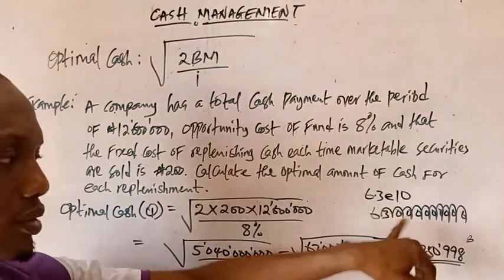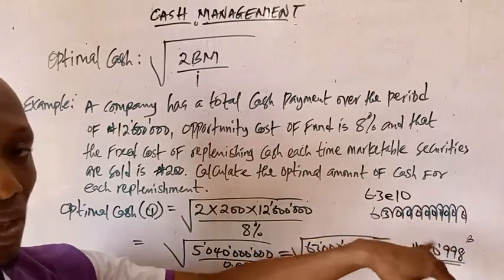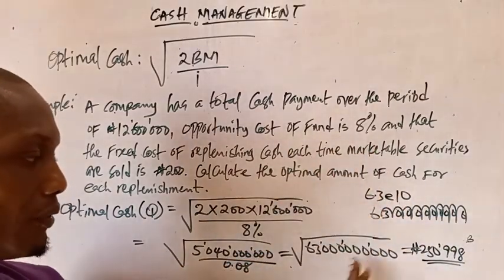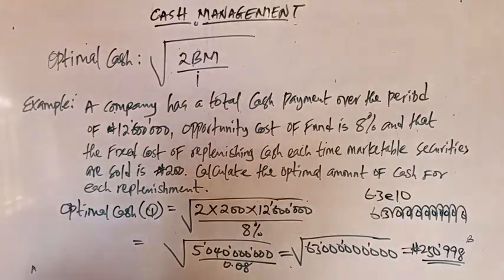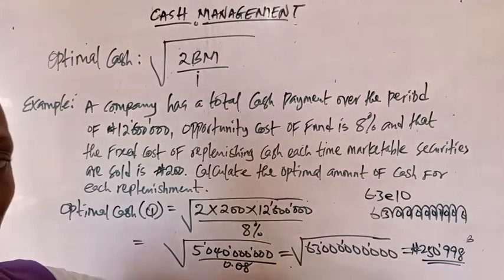So this is how to solve it. If you have 9 here, you should shift the decimal point 9 places, as the case may be. So by that, you look for the square root and you have your answer. This is the optimal cash you are required to hold at a particular period of time. You must not hold more than this cash, and it must not fall below this.